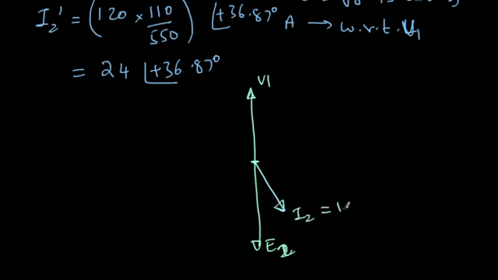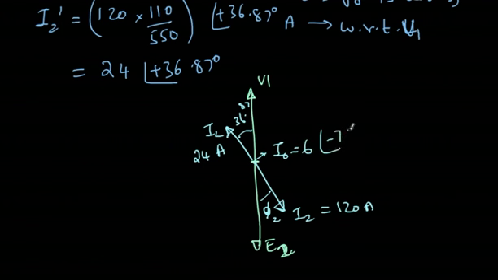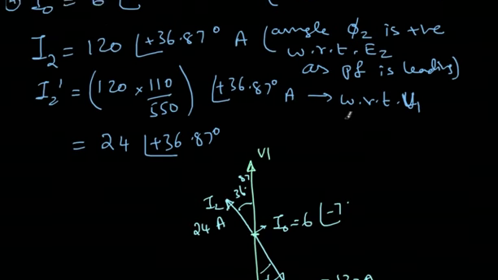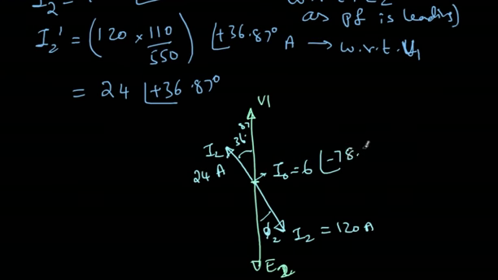This is 120 amperes and this angle is 36.87, that is phi 2, and that is positive. So here I get I2 dash, the length here is 24 amperes and this angle is 36.87. On the other side, I have I naught, which is 6 amperes with an angle of minus 78.4. Now I have to add these two vectorially to get the final solution.